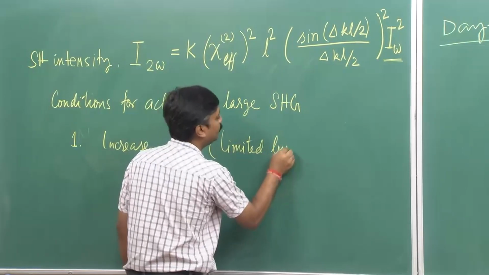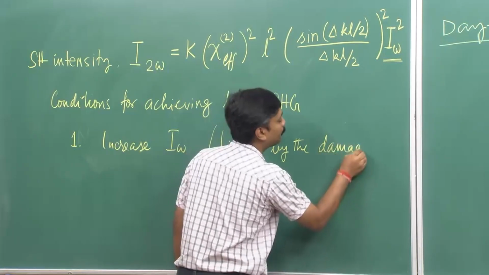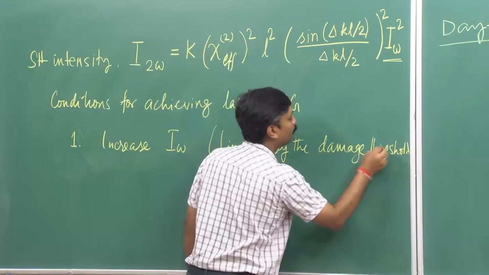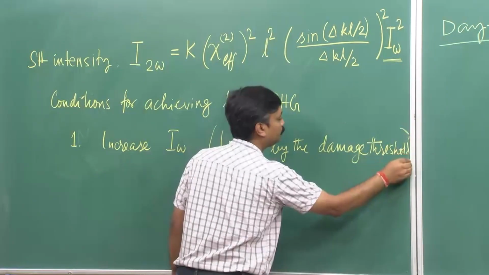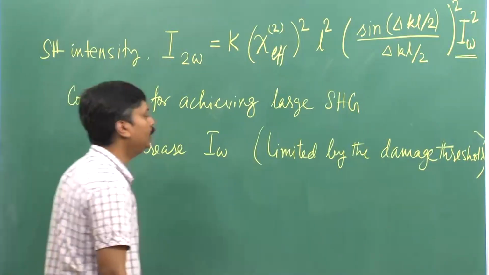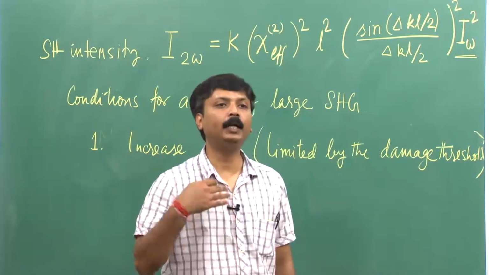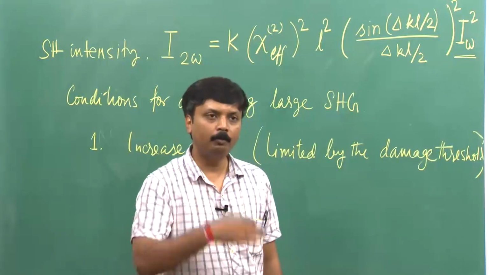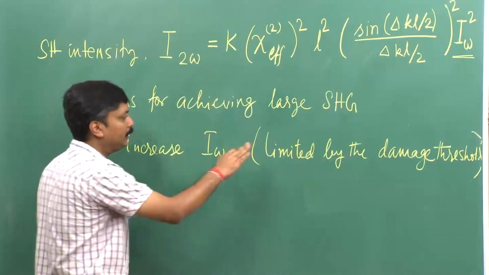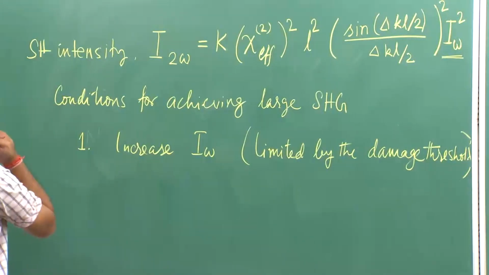It is limited by the so called damage threshold of the crystal. Below the damage threshold is the optimum power beyond which the material will get damaged. So, I have to always be below that power. Up to this damage threshold, I can keep on increasing the incident power and get high SH power.